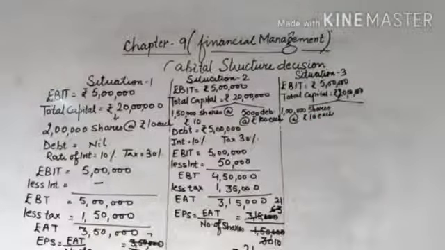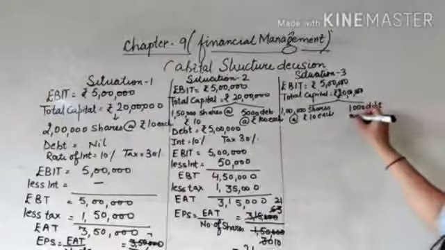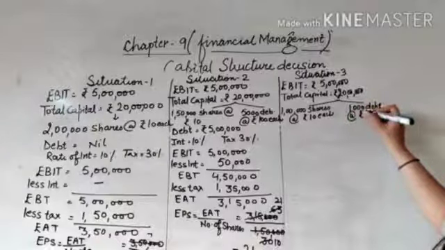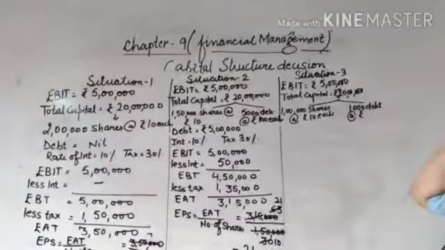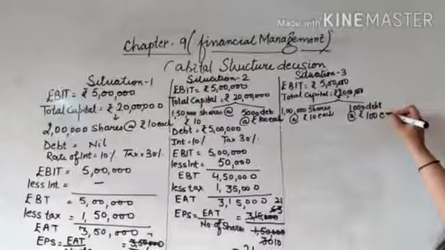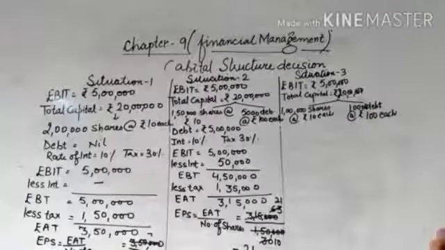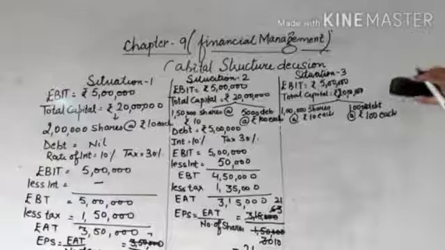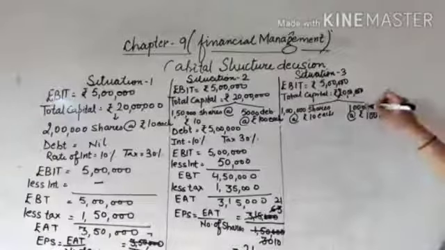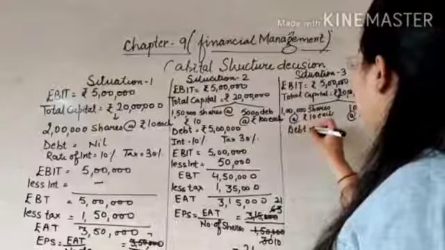And how many debentures? 10,000 debentures at the rate of rupees 100 each. Now the debt is 10 lakh.